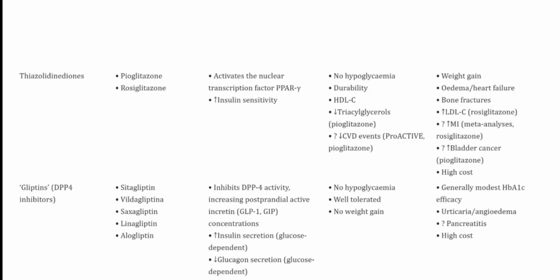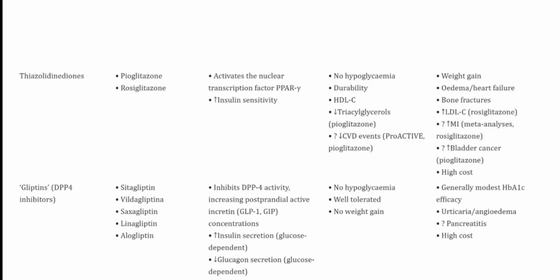The next class are the gliptins, which are the DPP4 inhibitors. Examples include sitagliptin, vildagliptin, saxagliptin, linagliptin, alogliptin. Mechanism of action is they inhibit DPP4 activity, which increases postprandial active incretin concentrations.